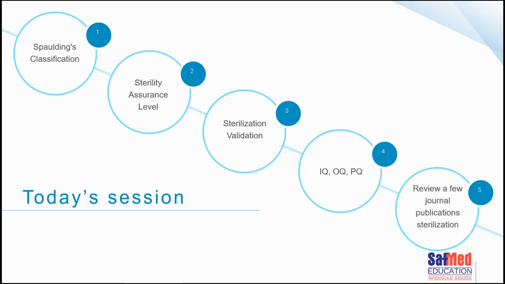Then we've got a section on IQ, OQ, and PQ. Those may be terms that are new to you: installation qualification, operational qualification, and performance qualification. And in between, we will review a few journal publications that look at incidences around sterilization and some interesting articles around that.